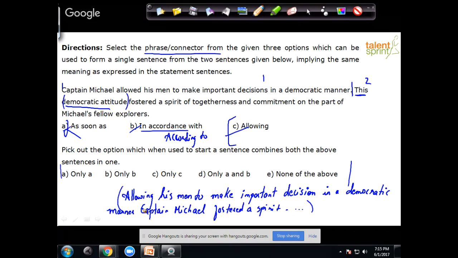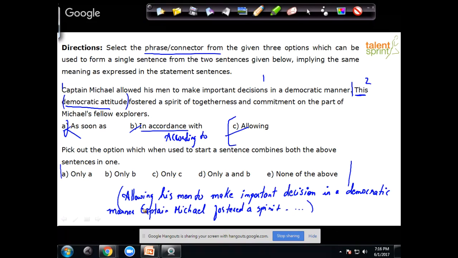Sometimes the direction will tell you exactly what to do. It will say, when you start, when you connect, when you apply this connector in the beginning of the sentence, then it should make logical sense. It will say that this direction does not imply anything.